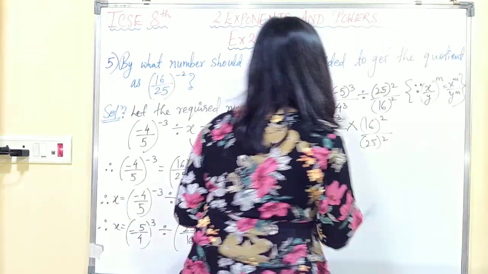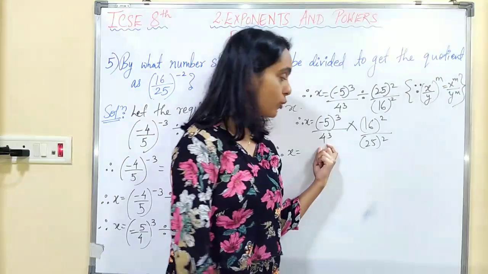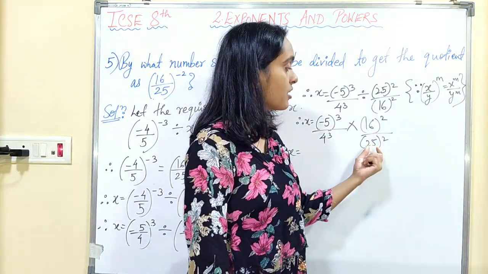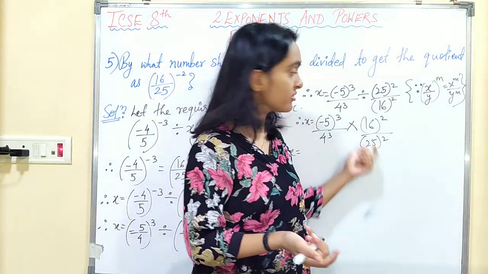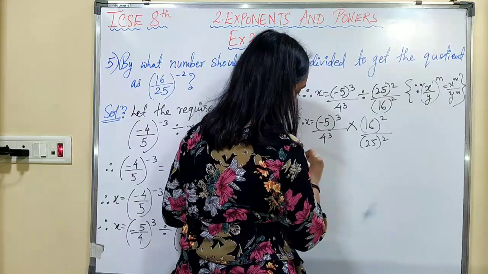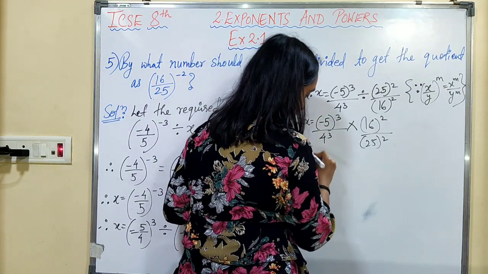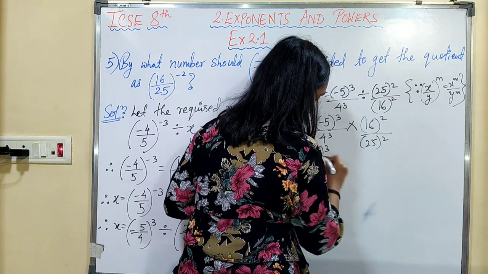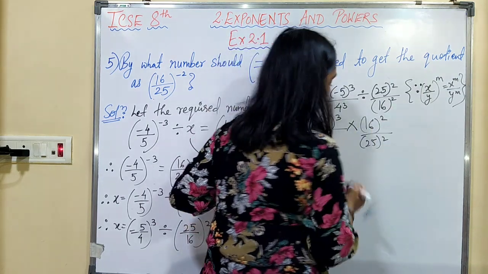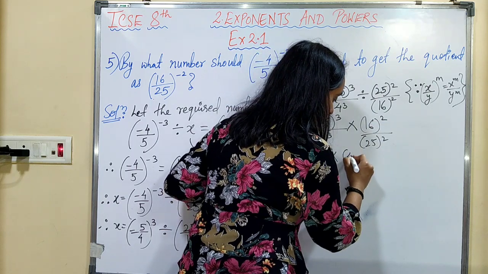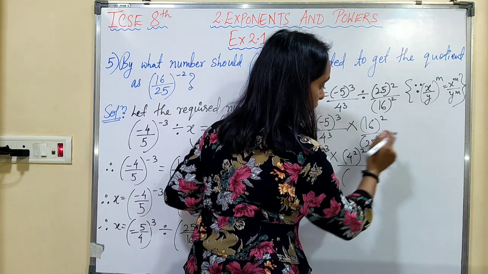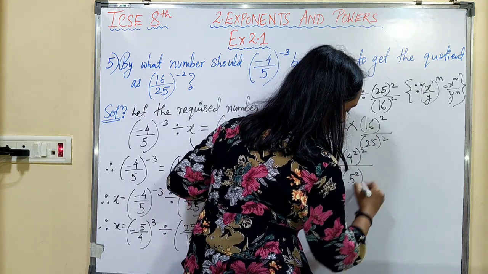Now you will get 4 and 5 as the base. So here you can also simplify it. 25 means 5 5s is 25 and 16 means 4 4s is 16. So this will be as it is, minus 5 raised to 3 upon 4 raised to 3 multiplied by 16 square. So 16 will be 4 ka square raised to 2, and 25 will be 5 ka square raised to 2.